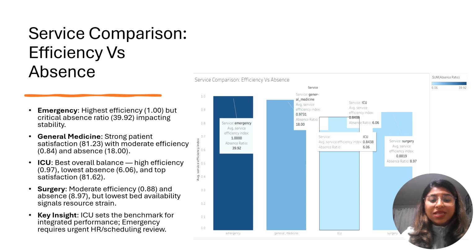ICU delivers the best overall balance: high efficiency, lowest absence, and top satisfaction, making it a benchmark for integrated performance. Surgery maintains moderate metrics but faces the most severe bed shortages, indicating resource strain. So overall, the ICU model is worth replicating, while emergency urgently needs HR and scheduling support.